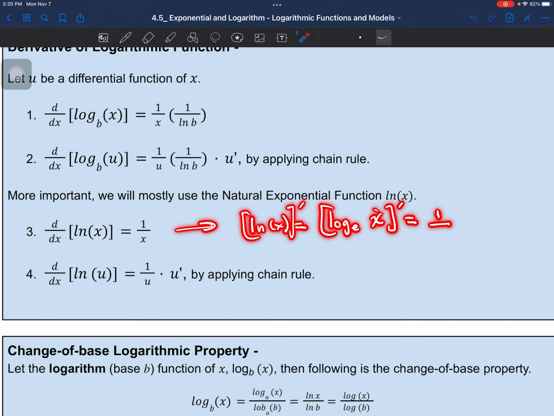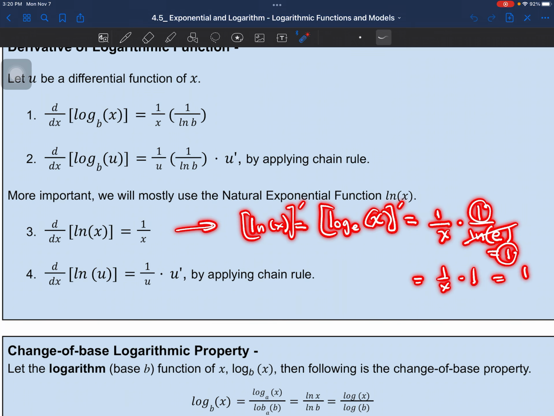For example, the natural log of x is equivalent to the logarithm base e of x. If I ask you to find the derivative of this, then we know that we have to follow this rule: 1 over your x times 1 over the natural log of your base. Well, in this case the base is e, because that's your natural log.